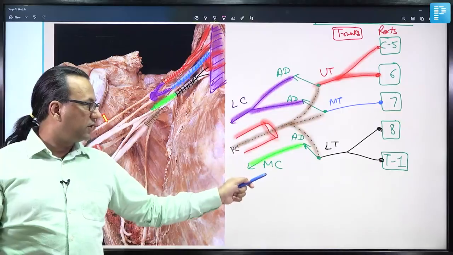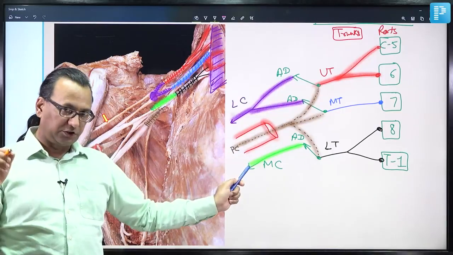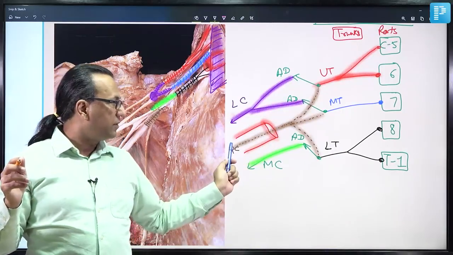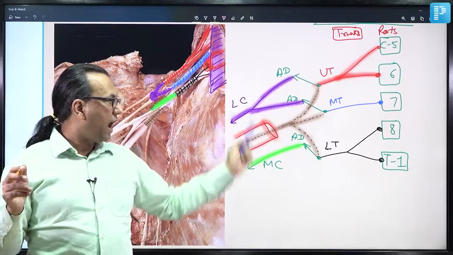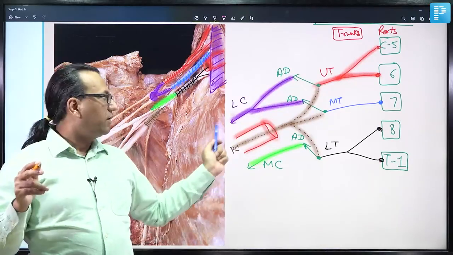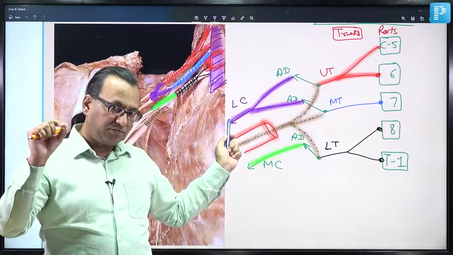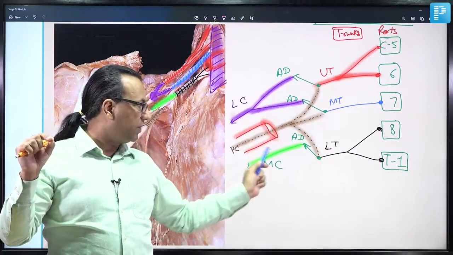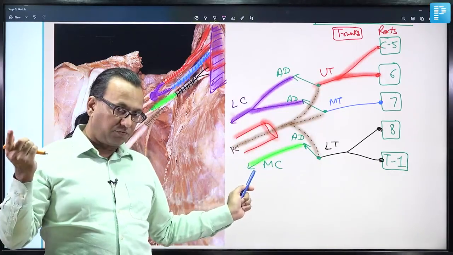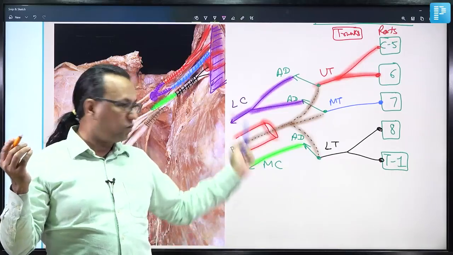Posterior cord, medial cord, and lateral cord, out of which we are skipping posterior cord at the moment, and we'll just continue with the lateral cord and medial cord. Remember, lateral cord of brachial plexus continue as musculocutaneous nerve, whereas medial cord of brachial plexus will continue as ulnar nerve. So let us focus upon those two now.